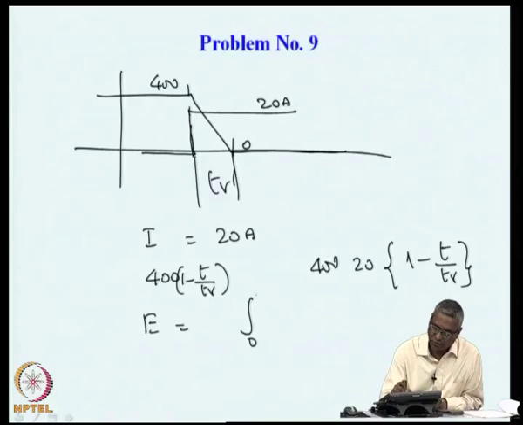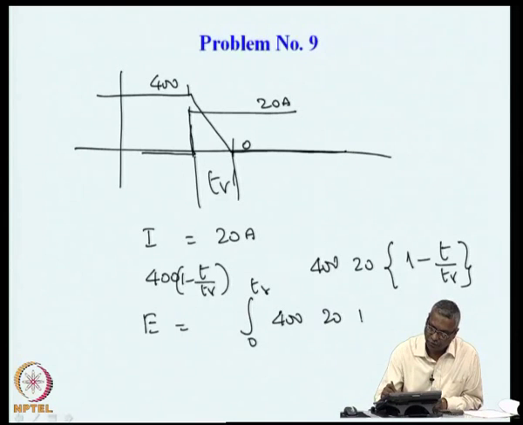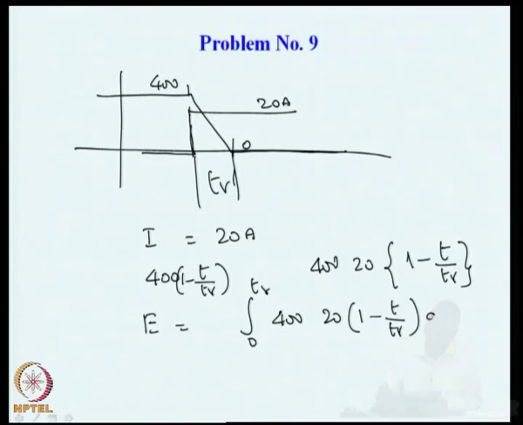The energy dissipation is the integral from 0 to tr of 400 into 20 into 1 minus t by tr dt. This is the energy loss during this transition, and it can be proved to be 400 into 20 into tr by 2.